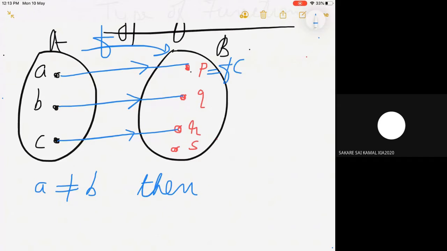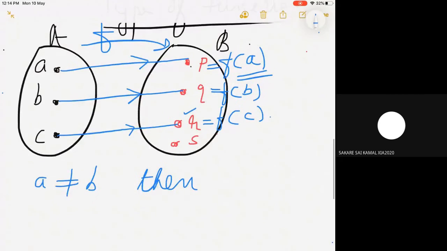By this notation f(A). P is also written as f(A), the image of B is Q, which we call f(B) because our function is f, and the image of C is R, which we call f(C).